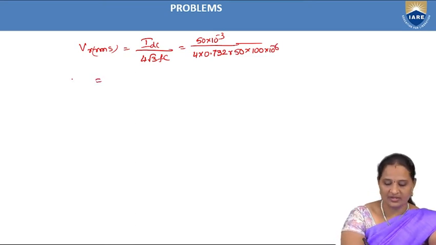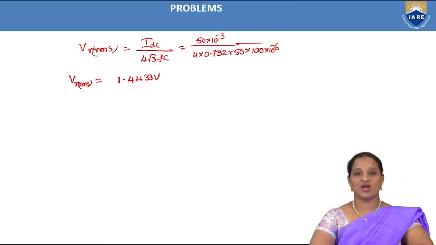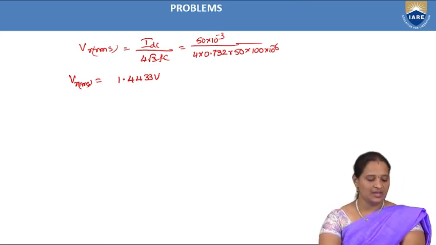If you calculate this, VR RMS can be obtained as 1.4433 volts. This is the RMS value of ripple voltage across the capacitor.